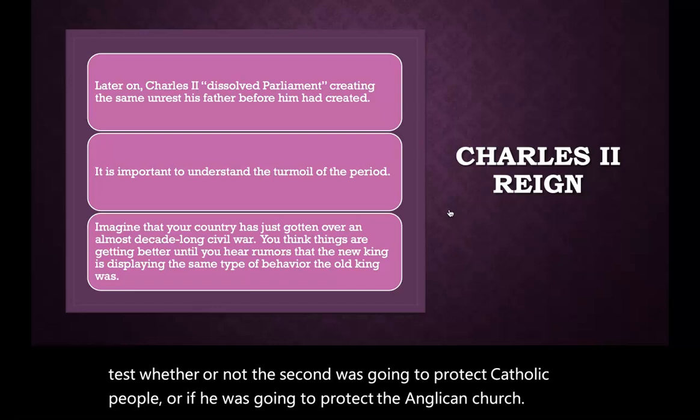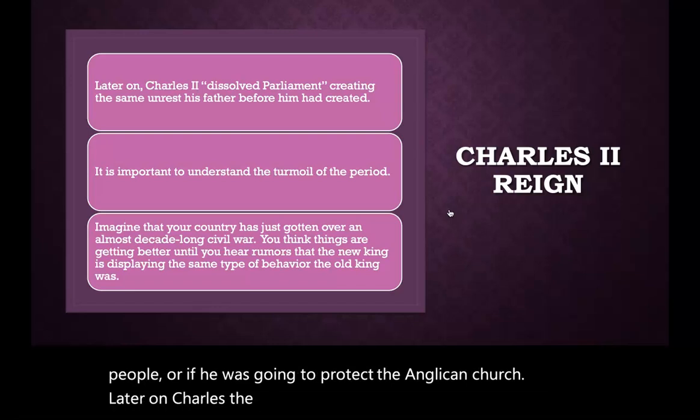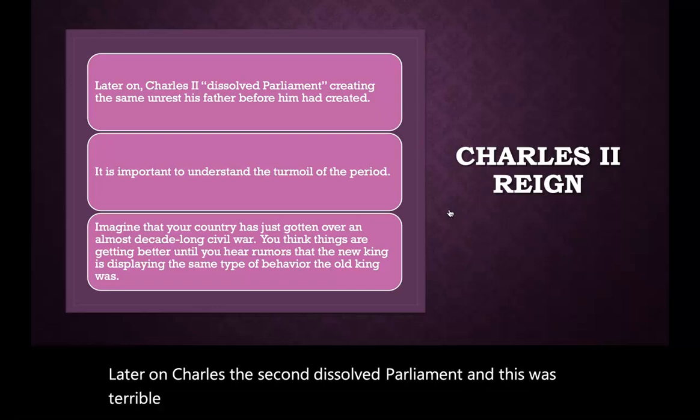Later on, Charles II dissolved Parliament, and this was terrible for the people in England because it caused a lot of turmoil. So think about it this way.